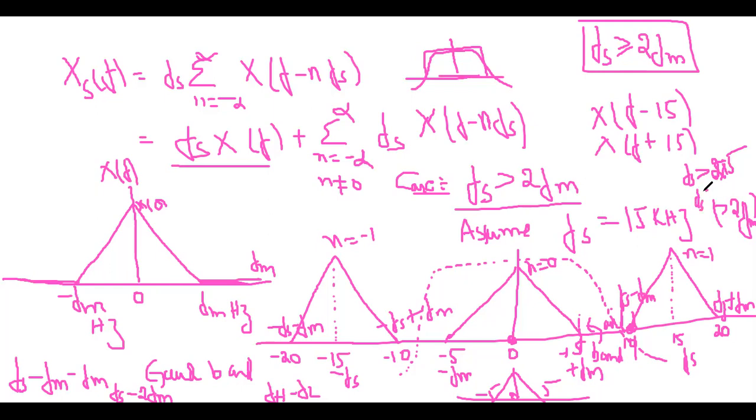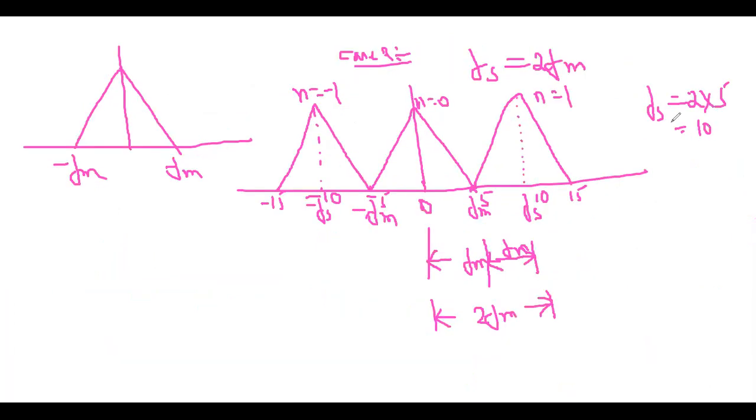Fs is 10 actually, but in the previous case the Fs was 15, which is greater than 10. Now here Fs is 10 only, so equal to 10. So Fs is equal to 2 Fm. In the previous case, Fs is equal to 15, which is greater than the 10 actually.